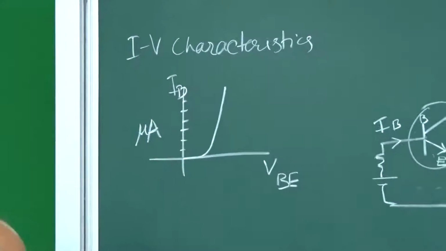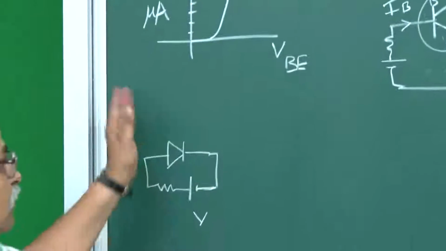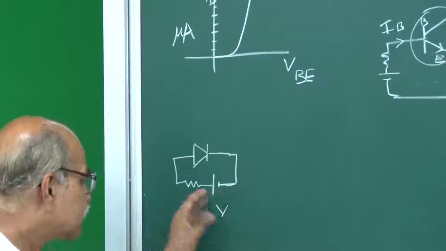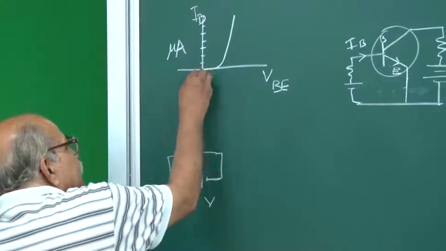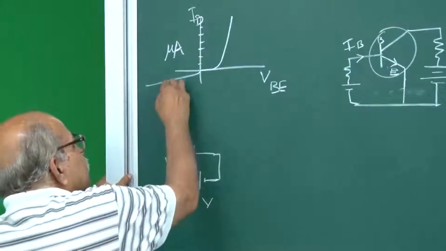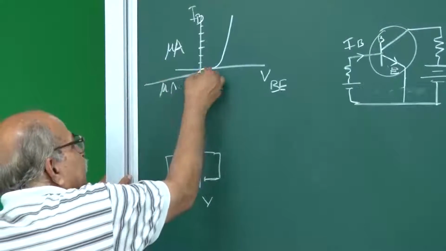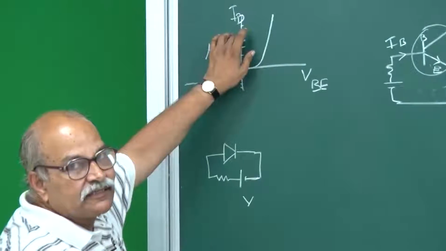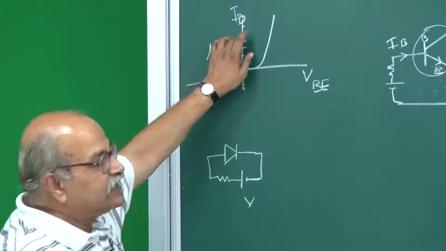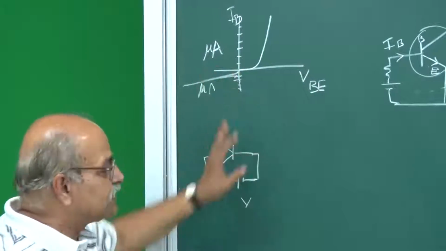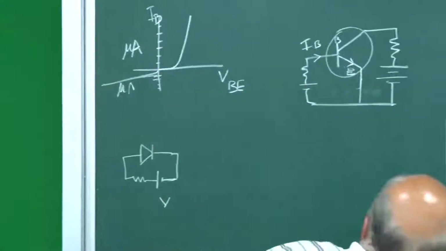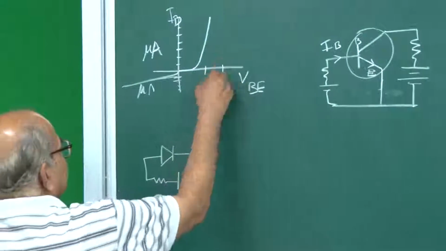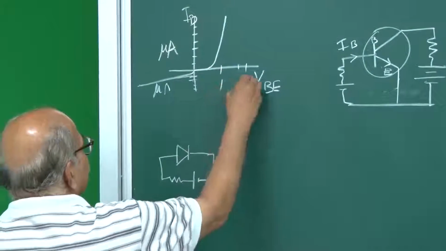In a normal p-n junction, when we draw forward bias, we write in milliamperes. If I reverse it, reverse bias, then on this side we have microamperes. The scale on this side we draw in microamperes, this side in milliamperes. But in this case the shape will be the same, but the values will be different. And this is of course the same, 1 volt, 2 volt.